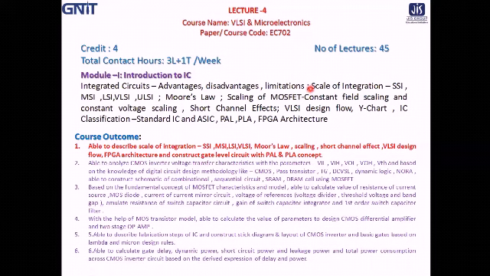In scale of integration, we will study SSI, then MSI, LSI, VLSI, ULSI, Moore's law, scaling of MOSFET, constant field scaling, and constant voltage scaling, short channel effects, VLSI design flow, Y chart, IC classification, standard IC, and ASIC, PAL, PLA, and FPGA architecture.